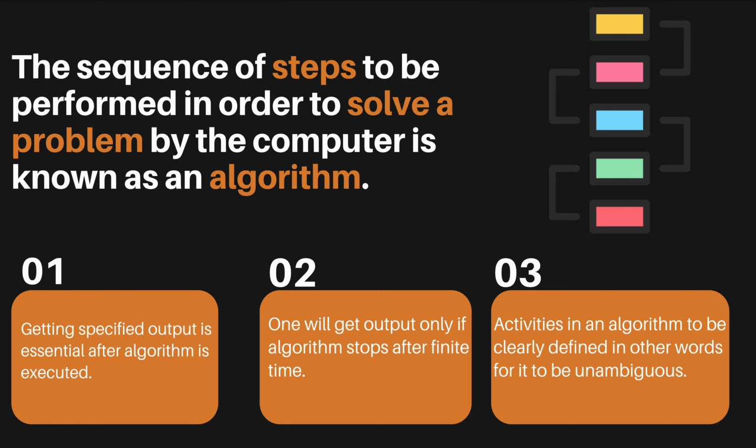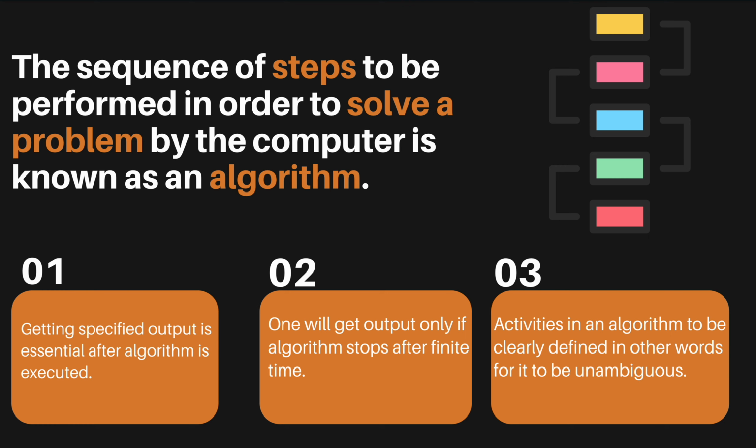In problem solving techniques, one way is writing an algorithm. What is an algorithm? An algorithm is a sequence of steps to be performed in order to solve a problem by the computer. The big thing here is the sequence of steps to be performed.